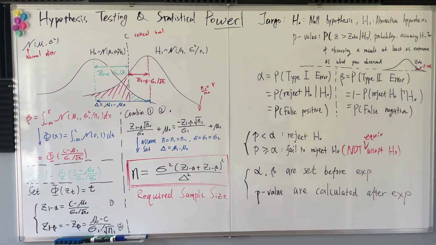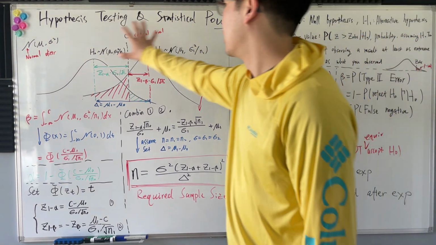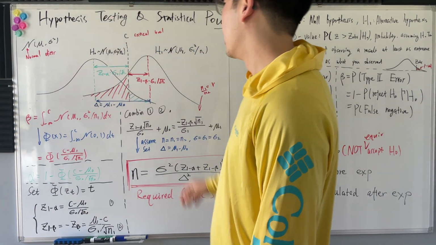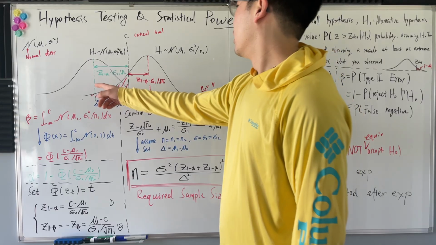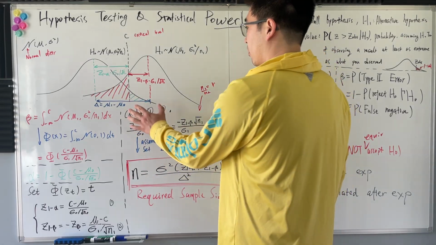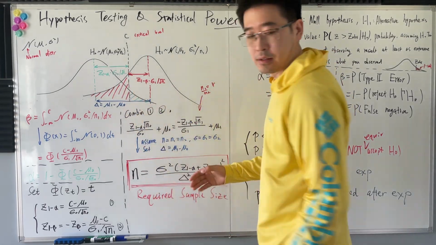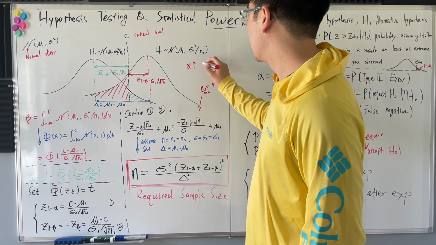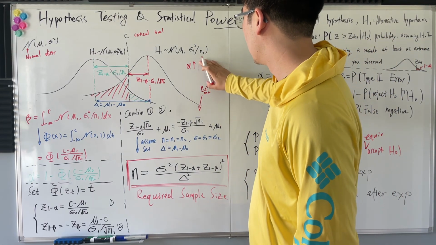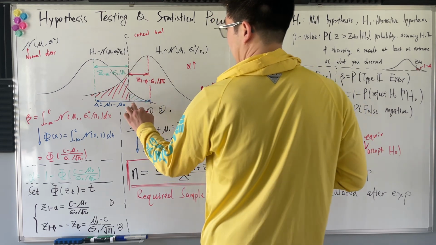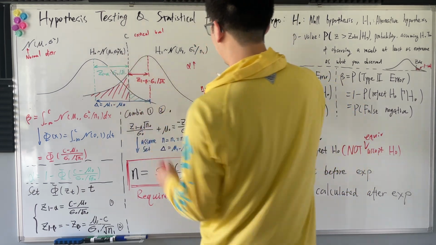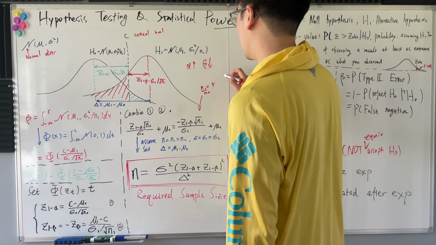I want to talk a bit more about this graph. As you can imagine, if alpha increases, this area increases and it moves the bar to the left side, so beta will decrease.